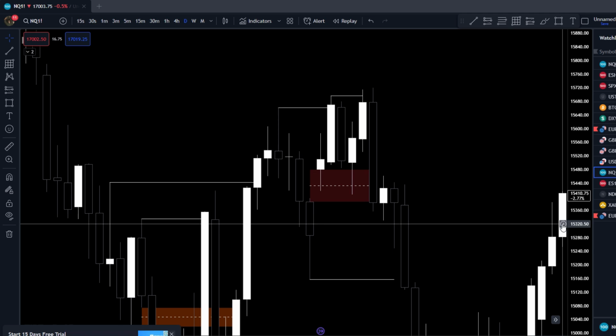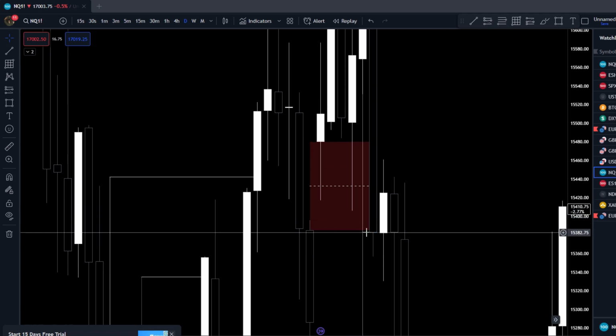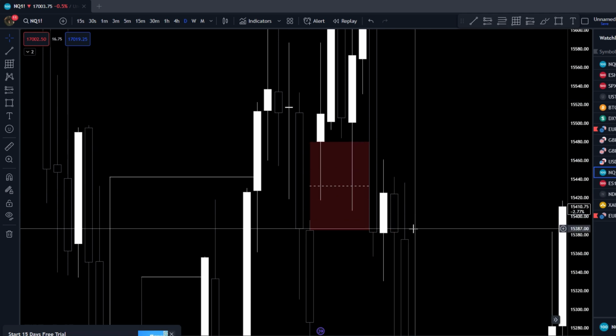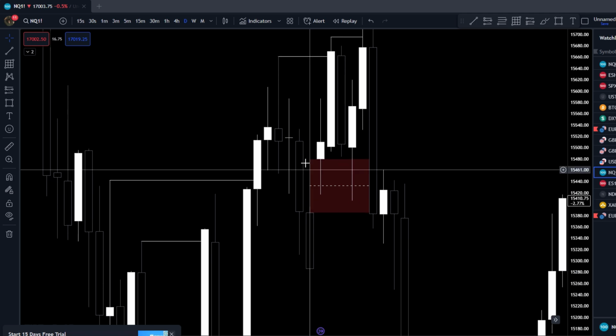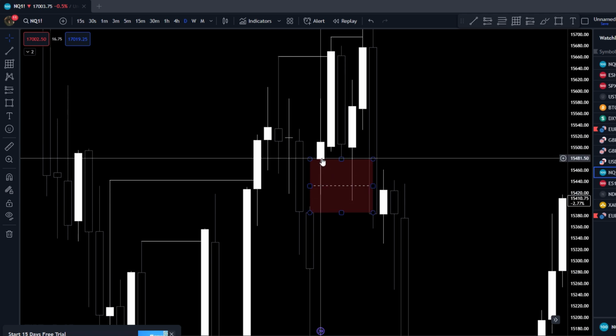Some of you might be too much of a beginner and don't know what I mean by disrespecting and respecting it. When I say in the video that price disrespects it, it means the body closure was out of the range of this. If you see this, this is the range, this is the inefficiency, right?